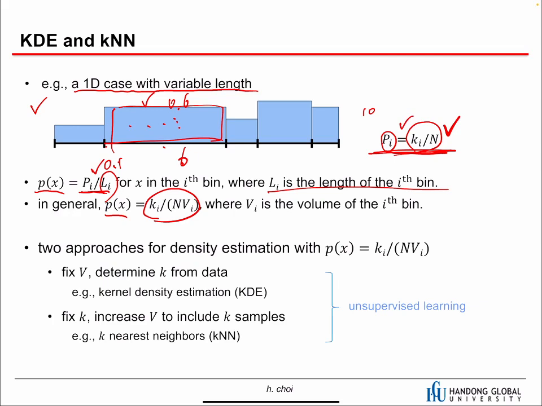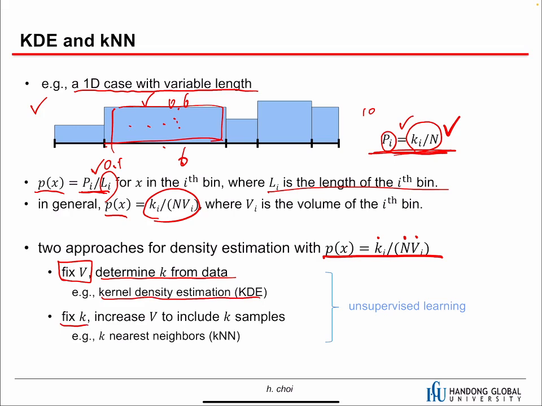Now, there are two approaches for density estimation with this equation. As I said, n is usually fixed, so we can control k sub i or v sub i. First one, fix v, and then we determine the k from data. We can check how many samples are in the bin. That is the kernel density estimation approach.